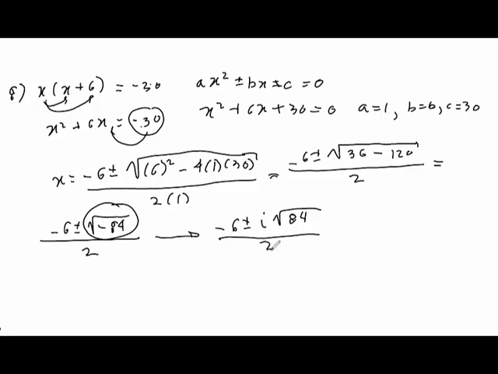So our solution set will be negative 6 plus i square root of 84 all over 2, and then the other one is negative 6 minus i square root of 84 over 2.